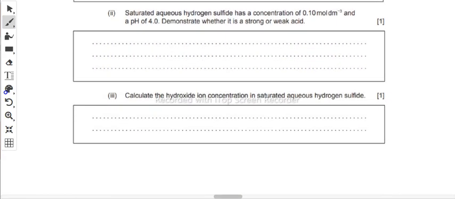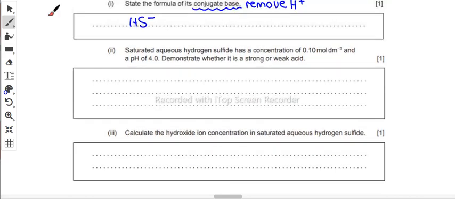Continuing with double I, saturated aqueous hydrogen sulfide has a concentration of 0.1. So this is the concentration of the hydrogen sulfide and the pH is 4. Determine whether it's a strong or a weak acid. In order to know whether it's strong or weak, we need to compare the pH given to the hydrogen ion concentration, which is also given inside the question as being 0.1.